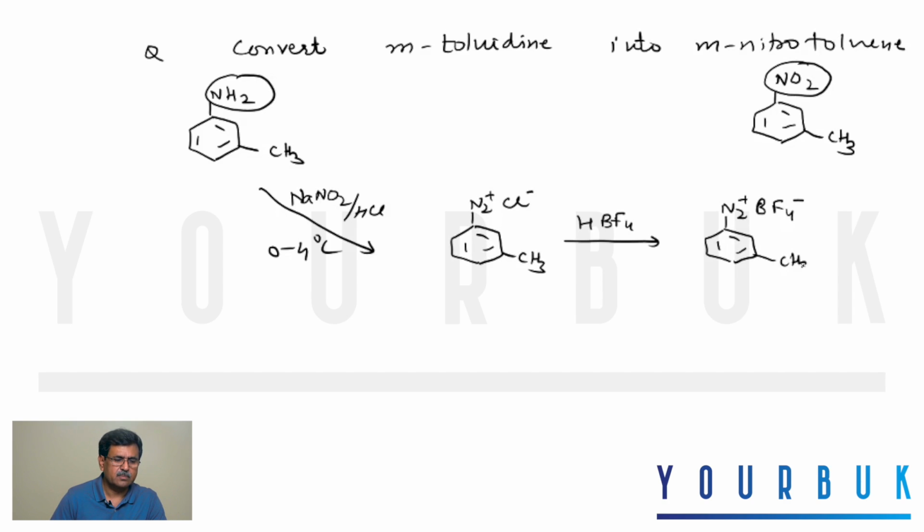And then we use copper in the presence of NaNO2. It gives metanitrotoluene. So these are some reactions of the benzene diazonium chloride, and it is a very versatile reagent in organic chemistry. Via this you can add any group on the benzene nucleus.